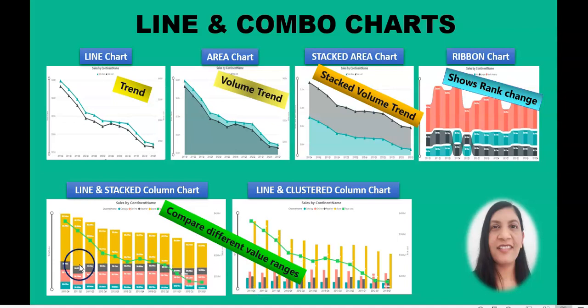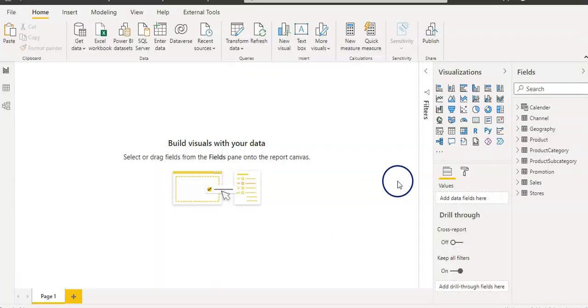What I'm trying to say is, if you have sales data in a currency unit, and profit data in a percentage unit, like profit percentage, then you can plot all that data with the different categories on the same chart. So you can use these charts. Now let's go to Power BI and learn all this.